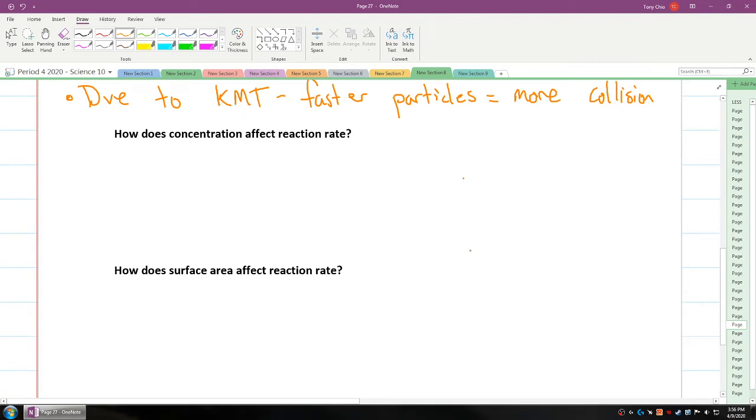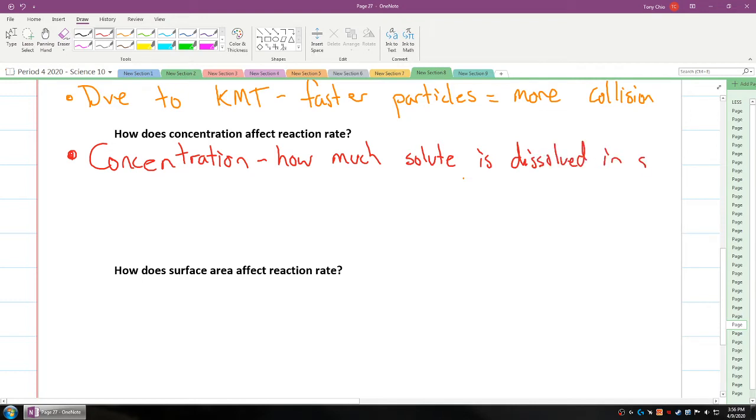Now we're going to talk about the next one, which is concentration. Concentration, first of all, is defined as how much of something is dissolved in a solution. What that something is, we usually call a solute.